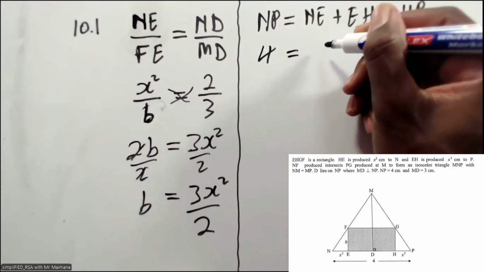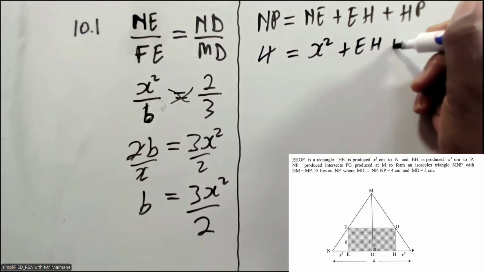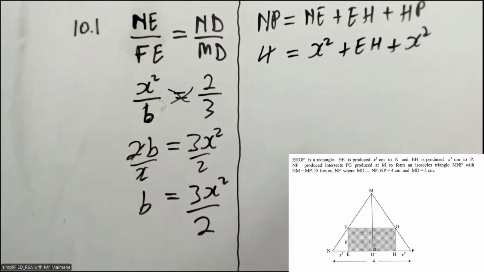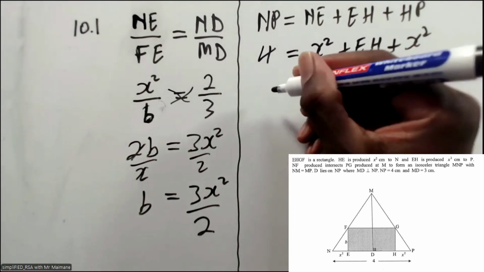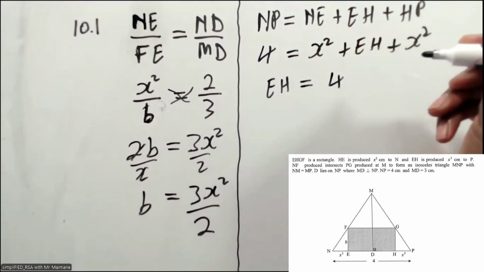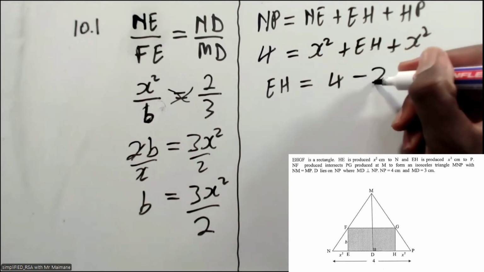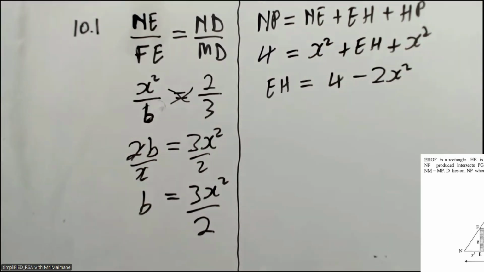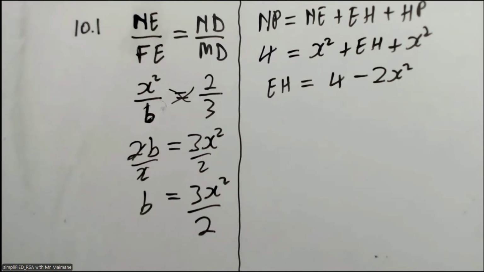It equals NE, which is x squared, plus EH plus x squared for HP. Now I can express EH as 4 minus x squared plus x squared, which is 4 minus 2x squared. Then I can attempt to get my area.